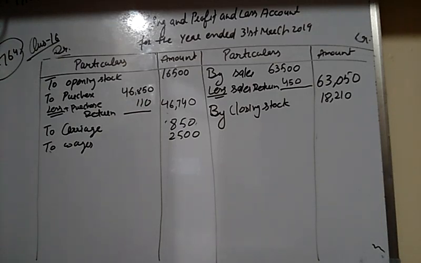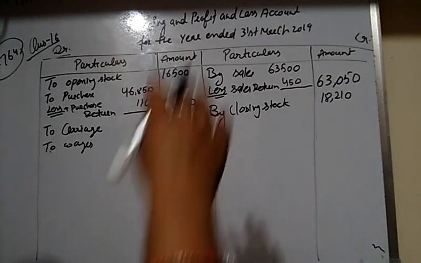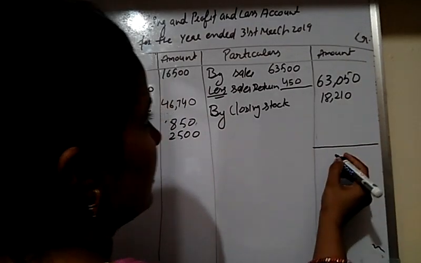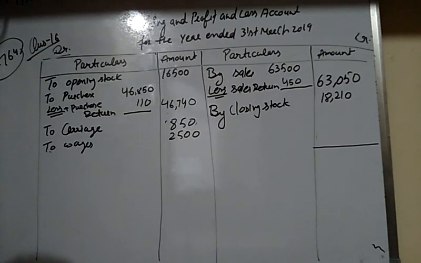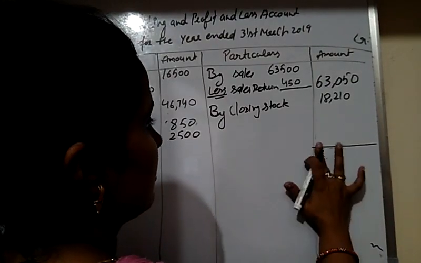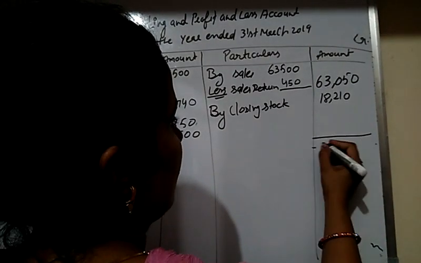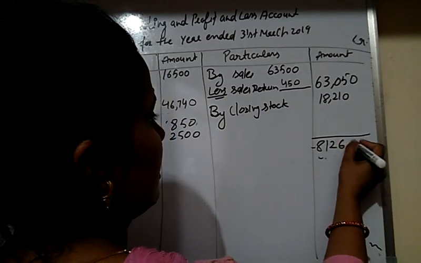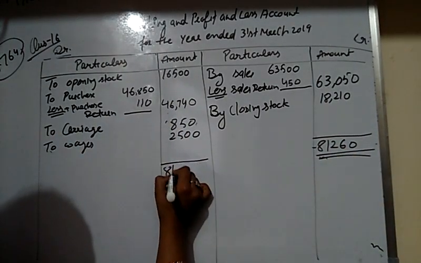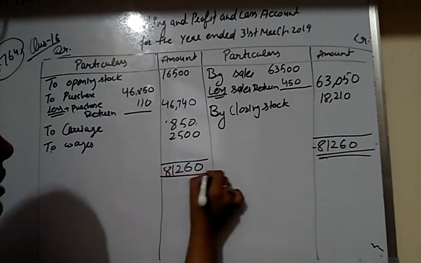Now we carry down its balance and calculate the gross profit. So do the total of the debit side and credit side. The total of the credit side is more. Its total is 81,260, and this side also 81,260.